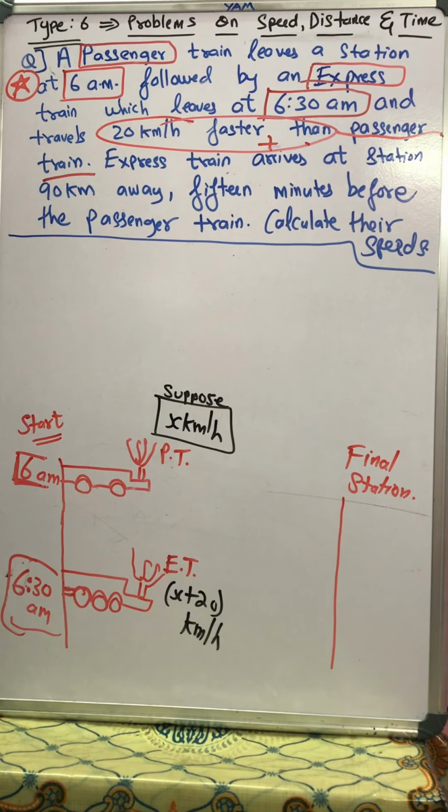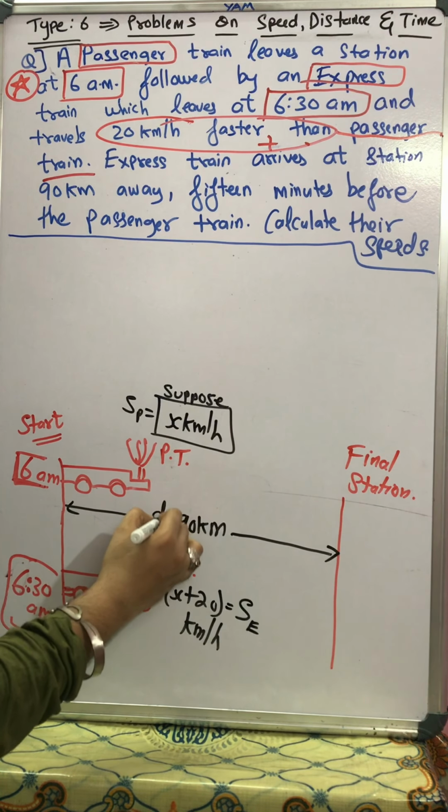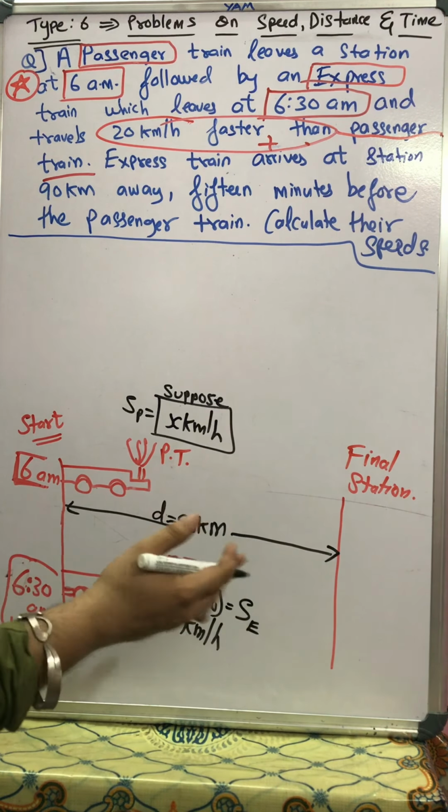Okay. So students, up till now we understood that x is the speed of the passenger train. So I'll write S subscript P, speed of passenger train. This is what? The speed of the express train, S subscript E. Distance d for both the trains is 90 km.